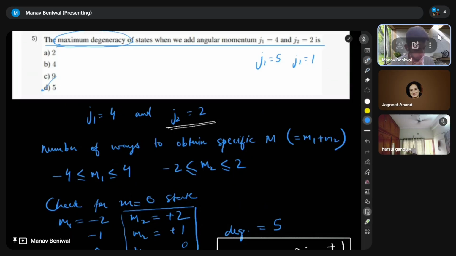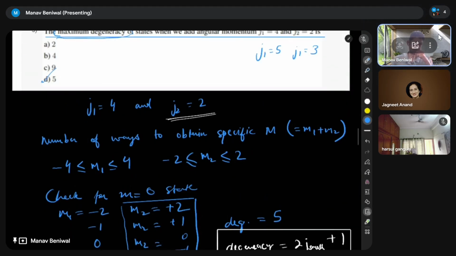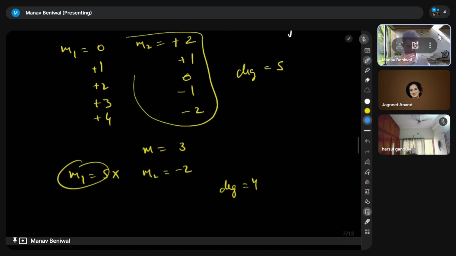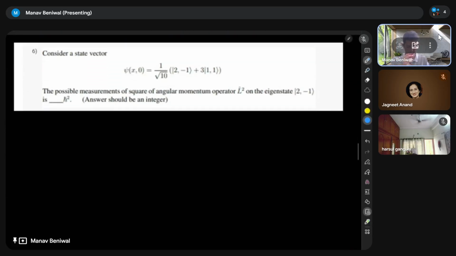And if instead of 1 we have 3, then the maximum degeneracy will be 7. Exactly. So this is how we find the maximum degeneracy. For this case the answer is 5. Let's move on to the sixth problem.